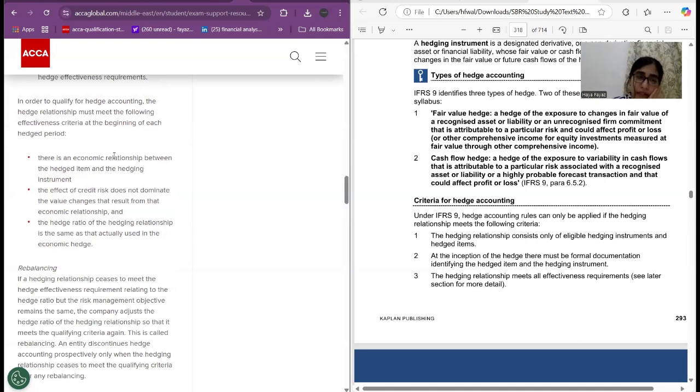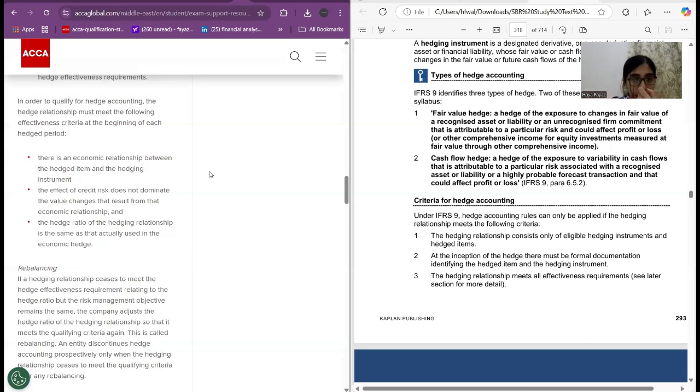Basically, they should be related economically. We should be able to find out the profit and losses coming out of it. It should not be related to a derivative of some other thing. The derivative should be linked to this particular item, so that we'll be able to measure the gains and losses and find net settlement, the net gain or net loss. Somehow it should be related that way.